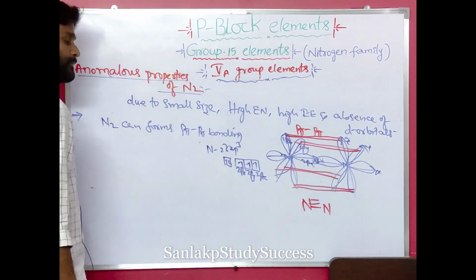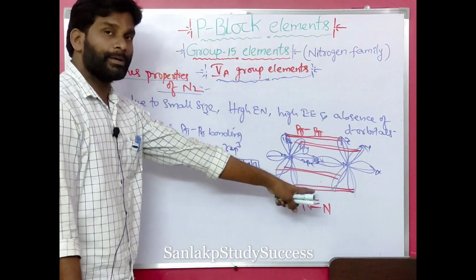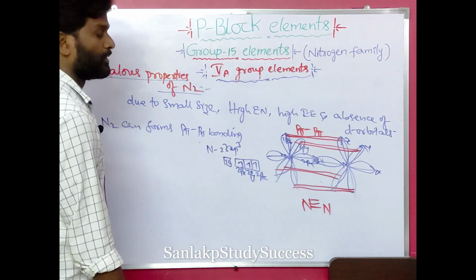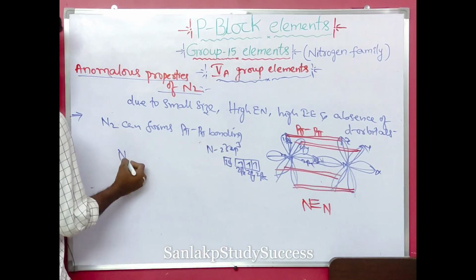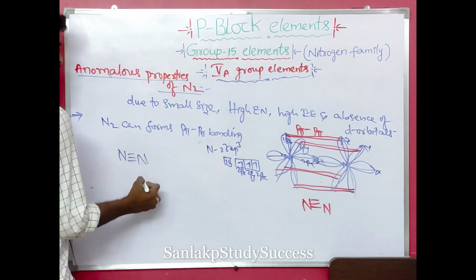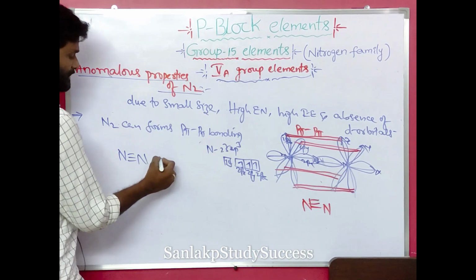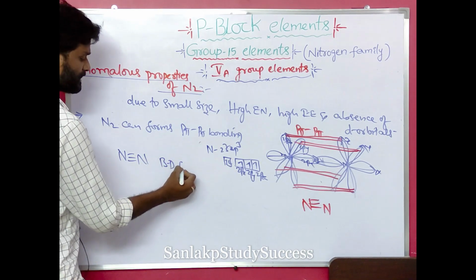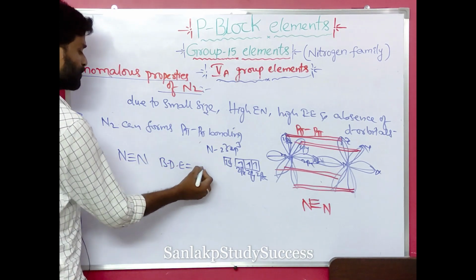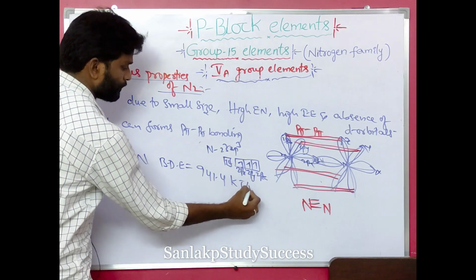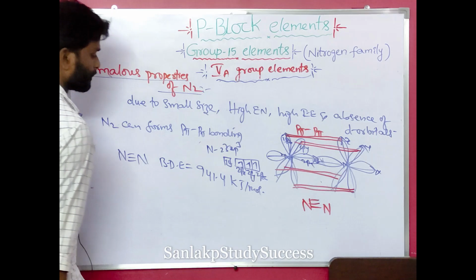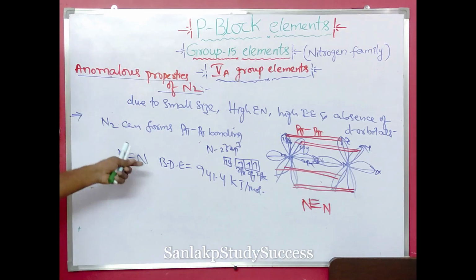In the 3 bonds, 2 are pi bonds and one is a sigma bond, right? It has a high bond dissociation energy. What is the bond dissociation energy? 941.4 kilojoules per mole, so its reactivity is less.